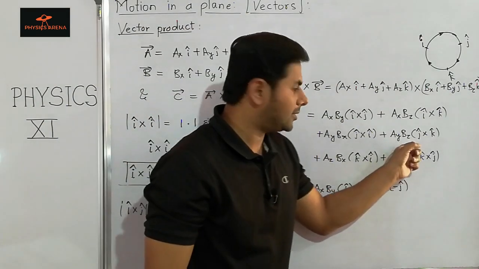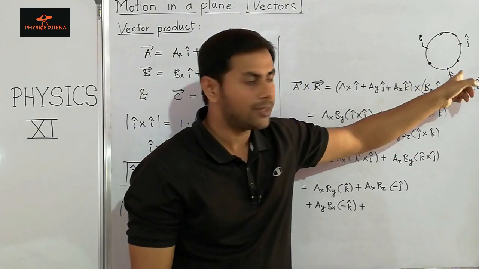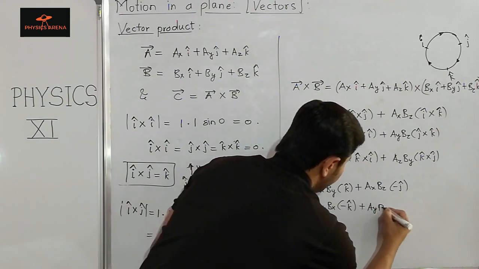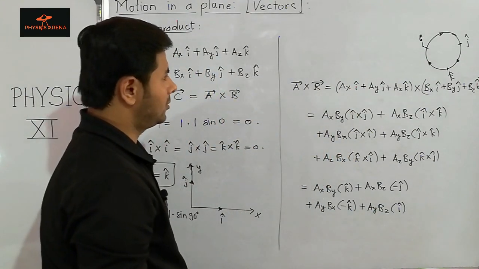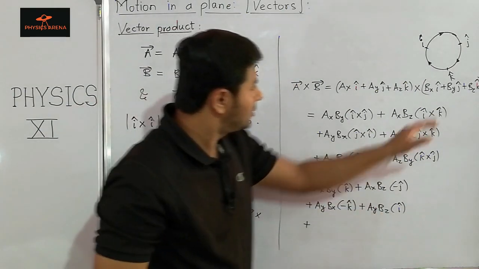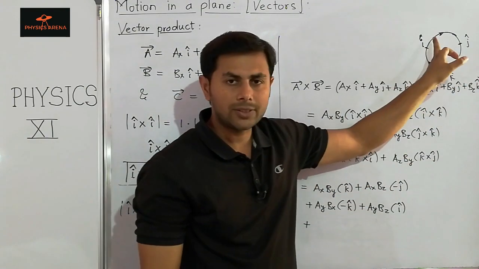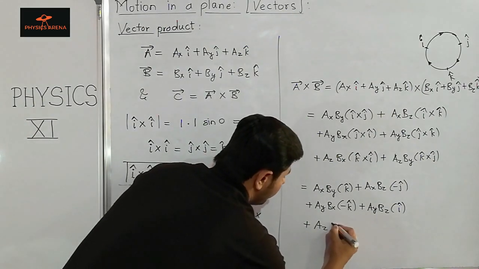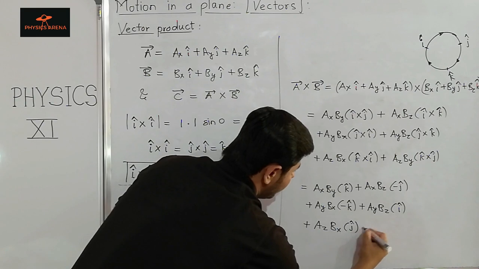Plus ay bz j cross k, same direction, so plus i cap. Then az bx, k cross i, same direction, so j cap.